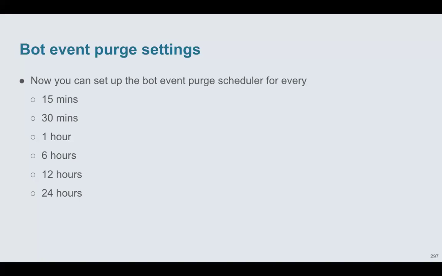You can run it as quickly as every 15 minutes. You can go up to 1 day: 30 minutes, 1 hour, 6 hours, 12 hours, and 24 hours, based on your instance or Salesforce platform configuration. You may want to play with this, but you can go as quick as 15 minutes.